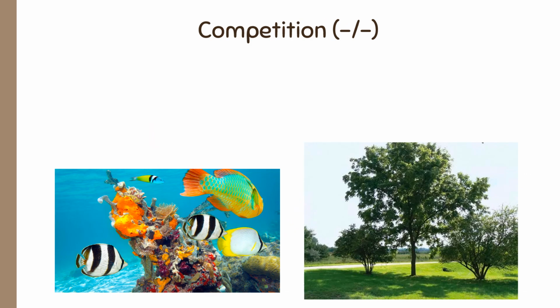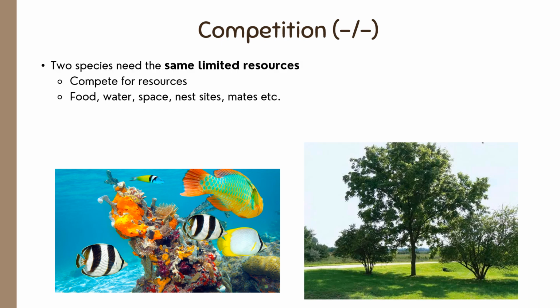The last ecological relationship we're going to look at, and again this is a non-symbiotic relationship, is competition. And so this is when both species are disadvantaged by this relationship. Often this can occur when the two species need the same limited resources.